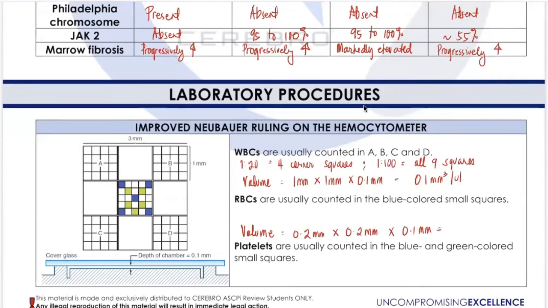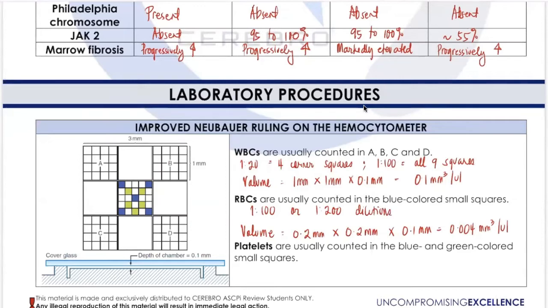Okay, so that makes the volume of one RBC square 0.004 cubic millimeter or 0.004 microliters. So usually for the red blood cells, we could employ the 1:100 or the 1:200 dilution.